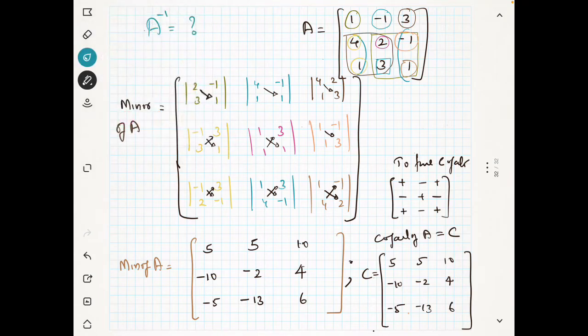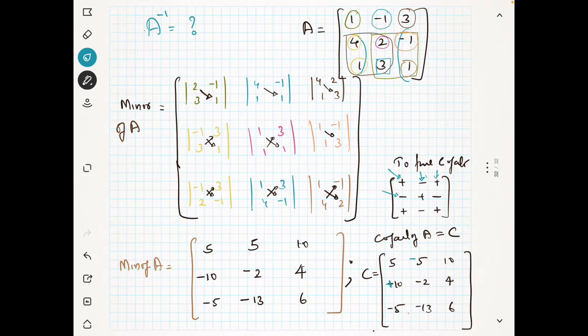You see here the first element, it is positive, there is no change in the sign, but this element should be multiplied with minus 1, so it is minus. This element, there is no change, you see. Now what about this? You should multiply with minus 1, so this becomes plus 10.